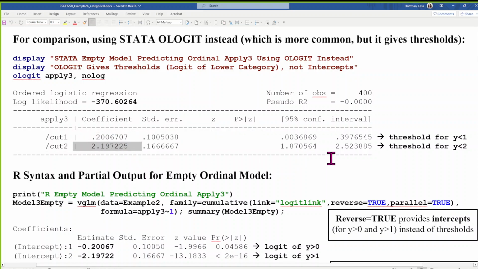These are thresholds. So rather than predicting the logit of the higher category, which is intercept, these are the logits of the lower category for each submodel. So this is the threshold telling us the probability of a 0 instead of 1, 2, and the threshold telling us the probability of a 0, 1 instead of 2.